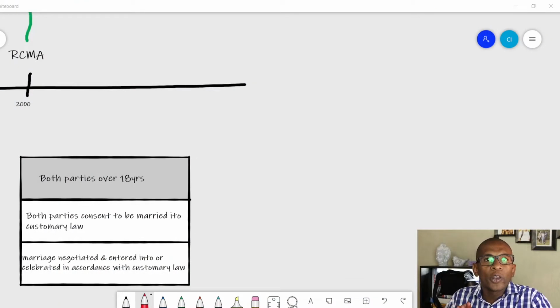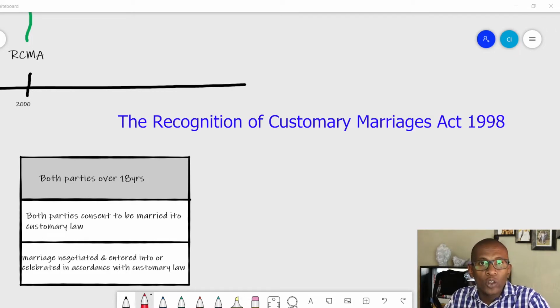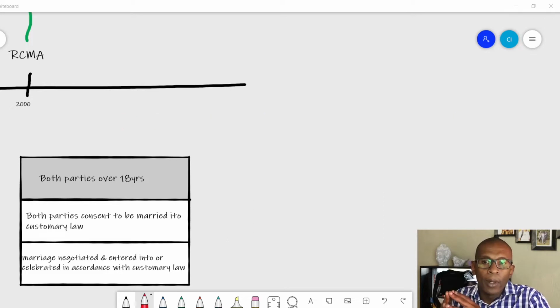Now, because of our unique situation in South Africa in terms of applying the law with regard to customary marriages, there are a lot of things you have to think about. And I thought the best way is to build a number line, starting from when the Recognition of Customary Marriages Act came into effect in the year 2000, and work backwards.